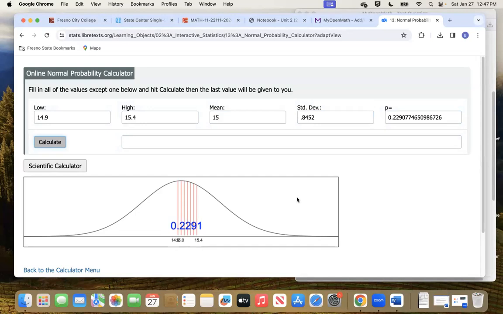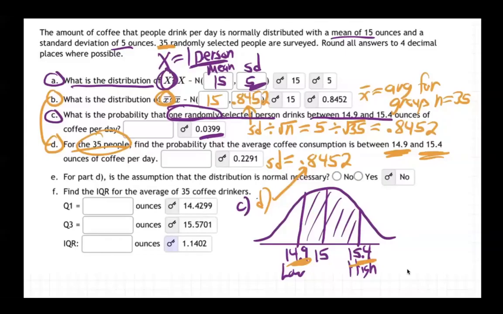Yep, that's the answer. 0.2291. Let's go back. Okay, so there's our answer, 0.2291, as we said.